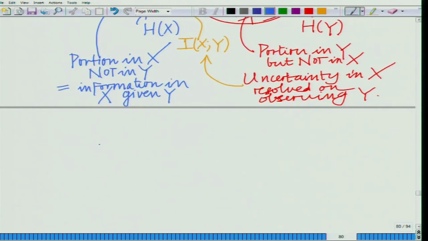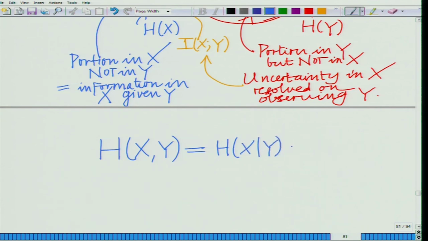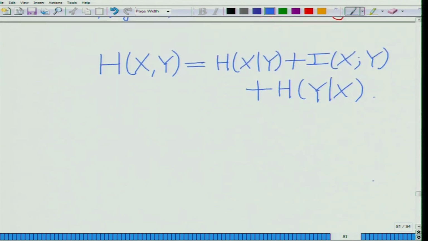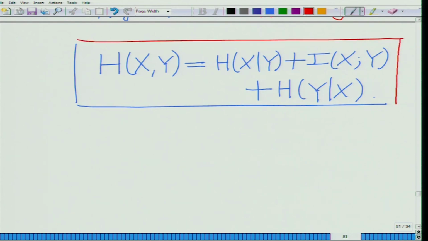So, you can see from the figure that H(x,y) is H(x given y) plus the mutual information I(x;y) plus H(y given x). And this you can verify also.